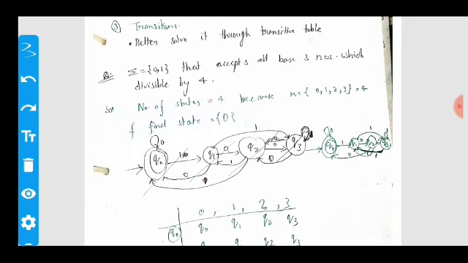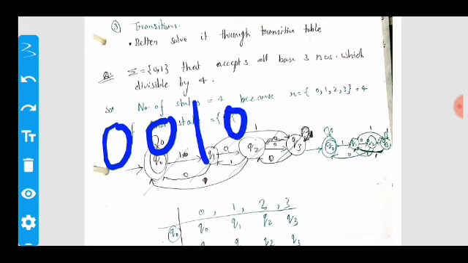When we give 0, 0, 1, 0, then it goes to the Q2 state.